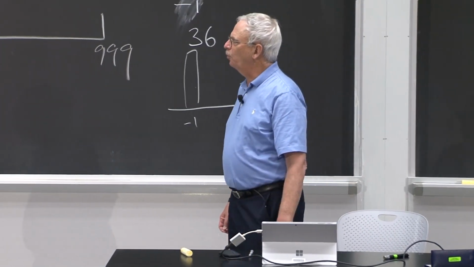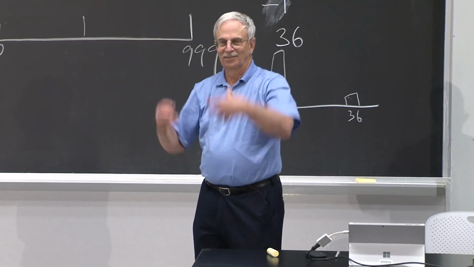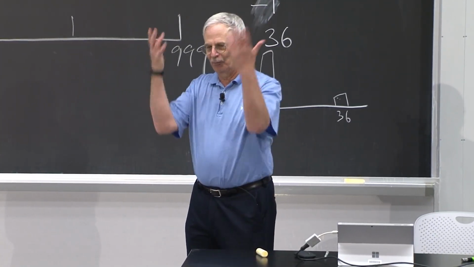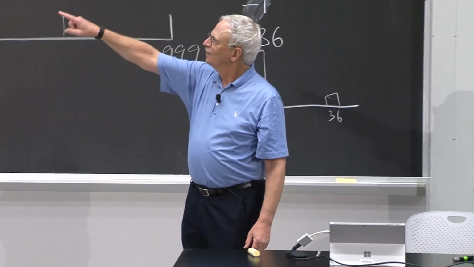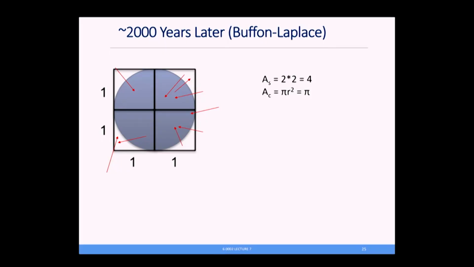What Buffon then proposed was dropping a bunch of needles at random, kind of like when Professor Grimson was sorting things, and seeing where they land. Some would land in the square, but not in the circle. Some would land in the circle. You would ignore any that landed outside the square.